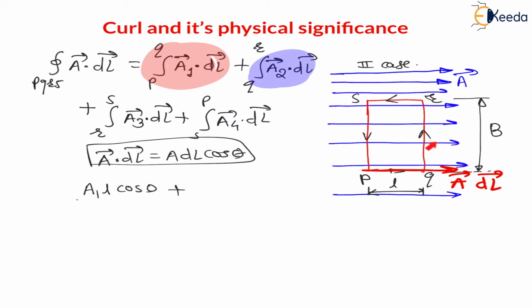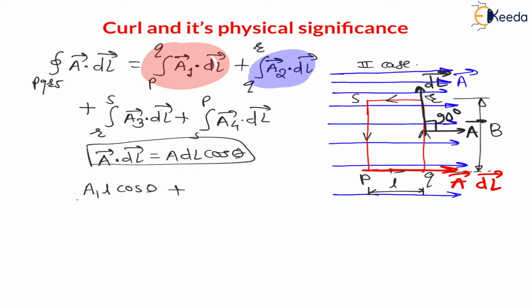See, the vector field is along the x-axis, and here QR will be along the y-axis, meaning this will be the direction of vector A, and dl will be like this, meaning the angle between them is 90 degrees, and cos 90 is 0.